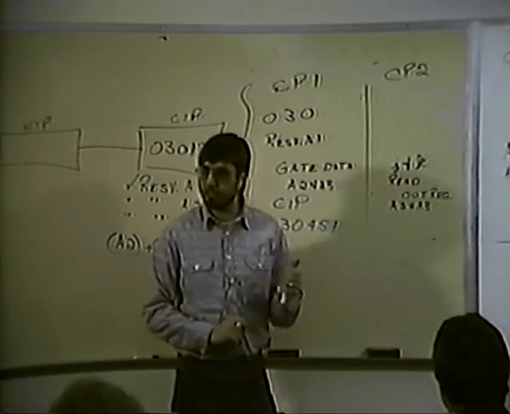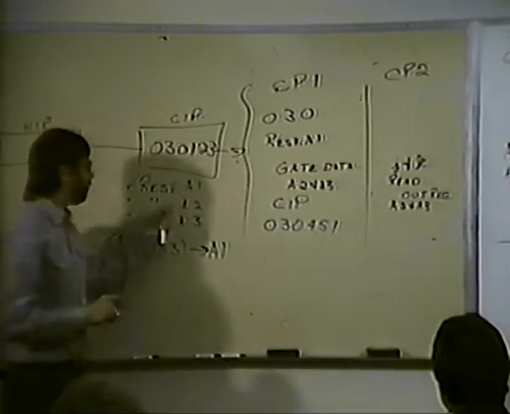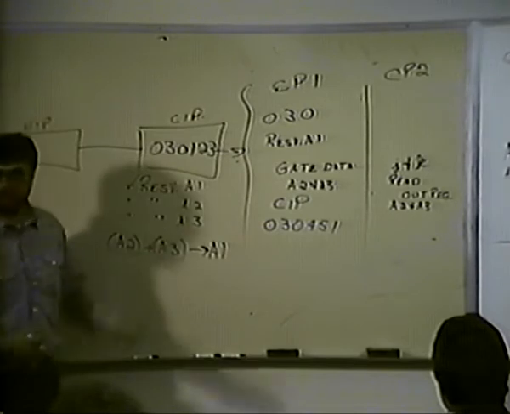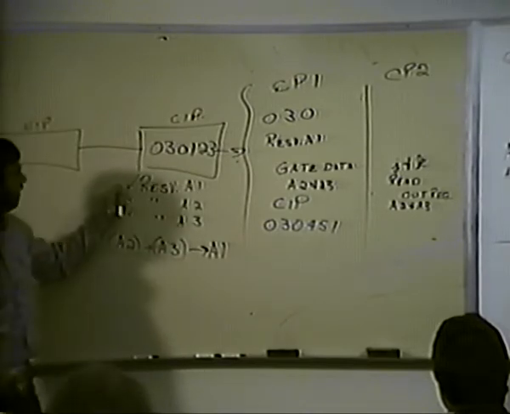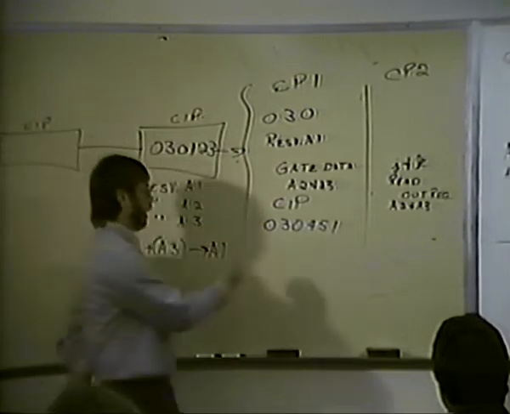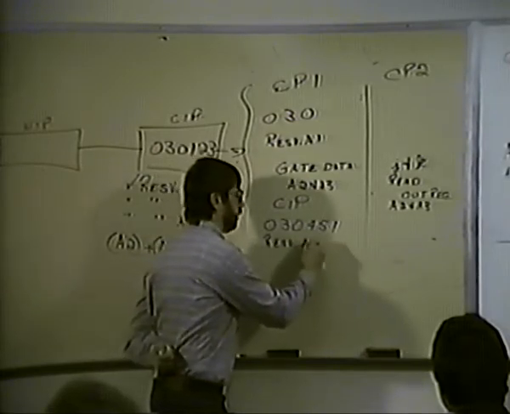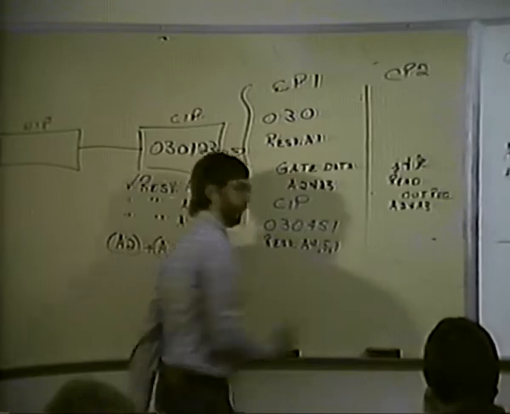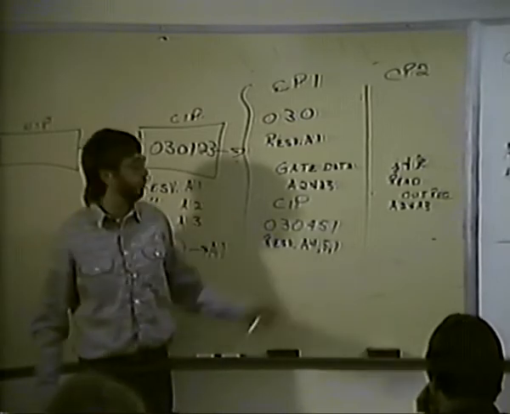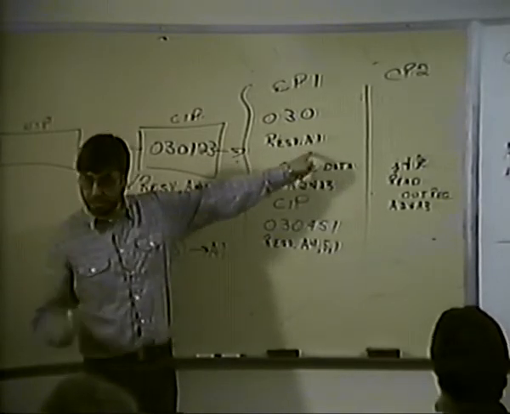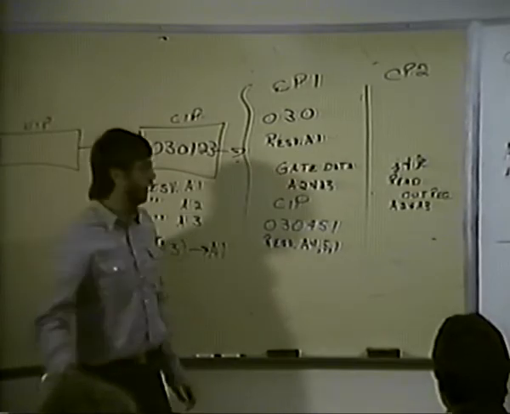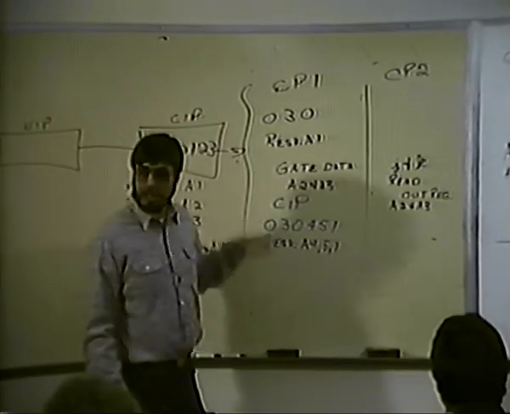What's going to happen at this clock period is we're going to ask the same questions, only with different registers here, that we ask at this one, CIP. We're going to say, are there any reservations on A4, 5, or 1? And the answer is going to be yes. A1's reserved because we just reserved it, just that clock period. So what's this guy going to do? He's got to recirculate, doesn't he?